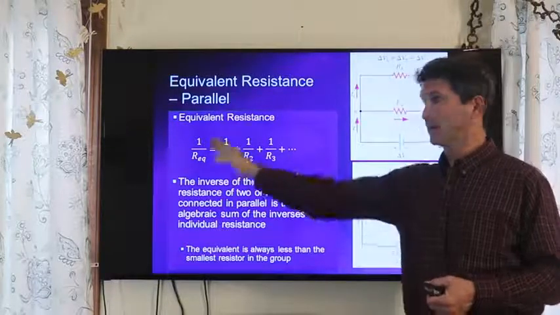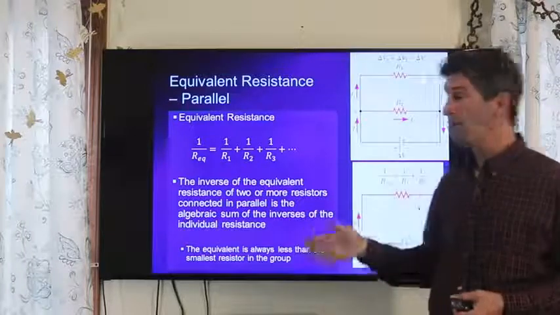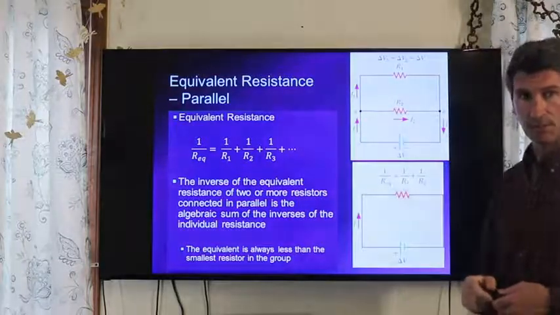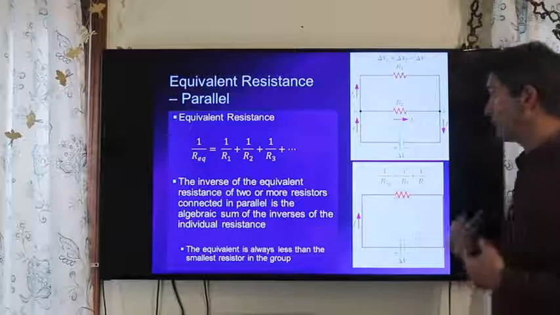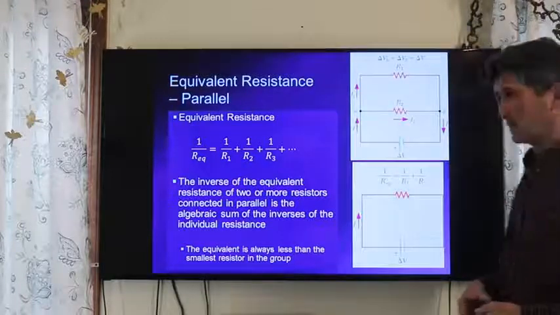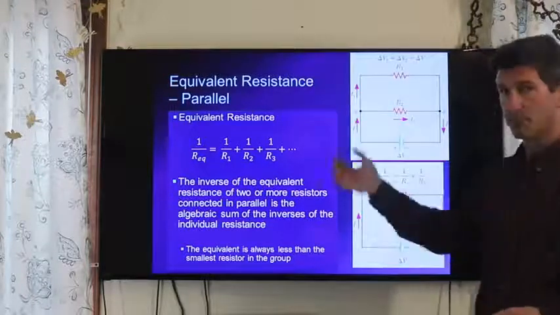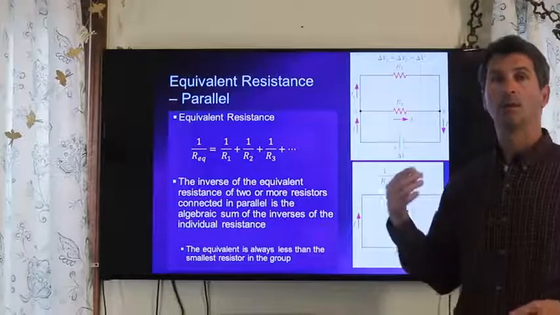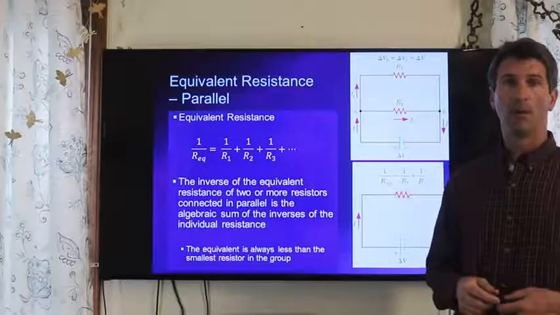I divide both sides of the equation by V, I get this equation here. So again, for parallel, we take the reciprocal of the equivalent resistance and set that equal to the sum of the reciprocals.